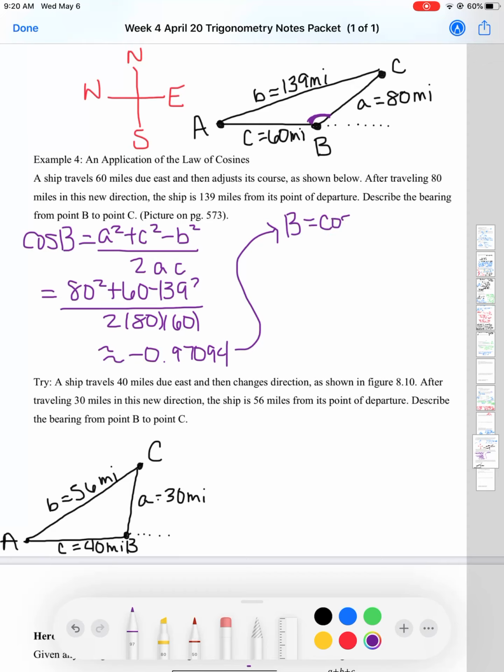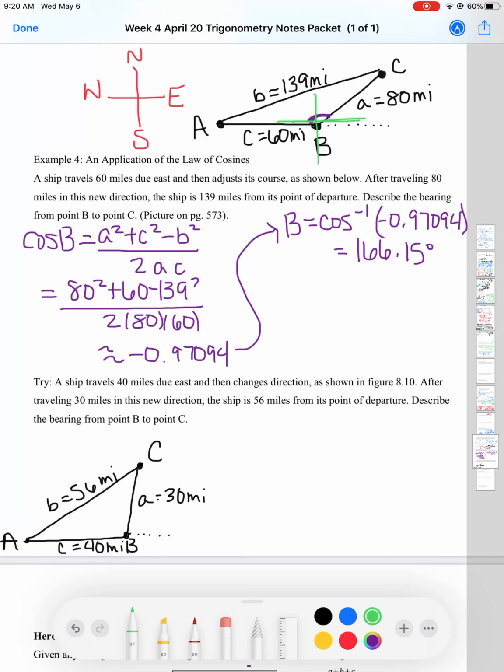So to find angle B, we need to take the inverse cosine of that decimal. And that will give us that B is 166.15 degrees. Now, think about it. Our north, south, east, west line.